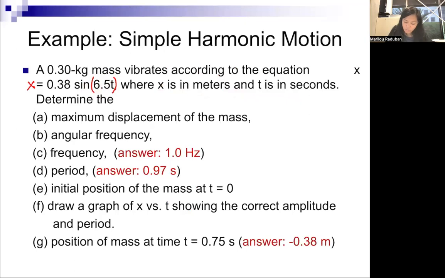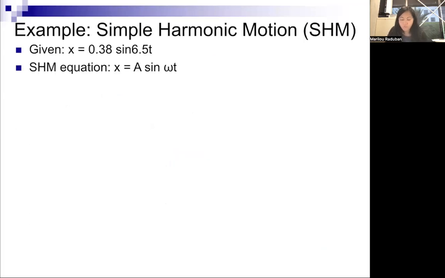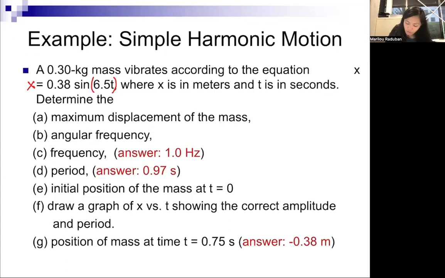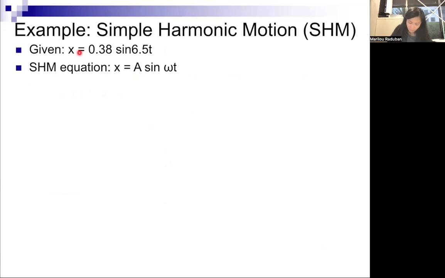Right, so let's go through each of the questions here to see how we can use the given information to solve the problem. The given information is that the vibration is described by this equation, x is equal to 0.38 sine 6.5 times t.